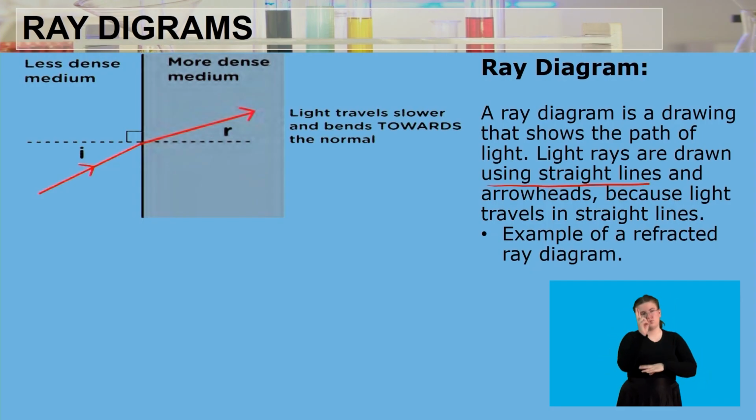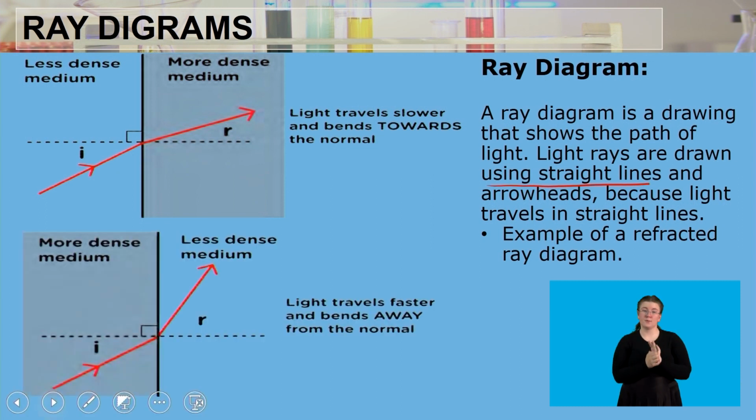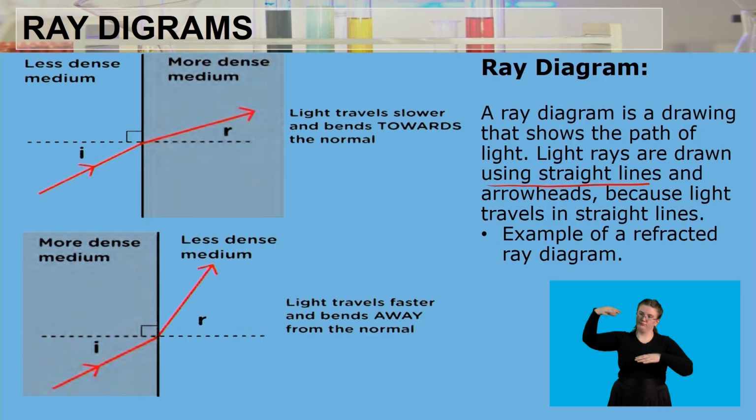So the examples that we are seeing here are showing light moving from one medium to the other, either moving from a less dense medium to a more dense medium, or moving from a more dense medium to a less dense medium. This shows you exactly what happens when light moves from a less dense to a more dense medium. We know that it bends towards the normal. If the light moves from a more dense to a less dense medium, it bends away from the normal.